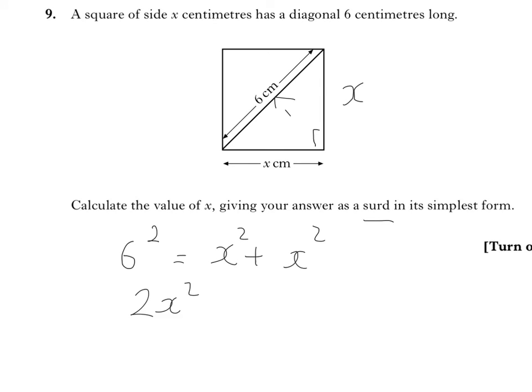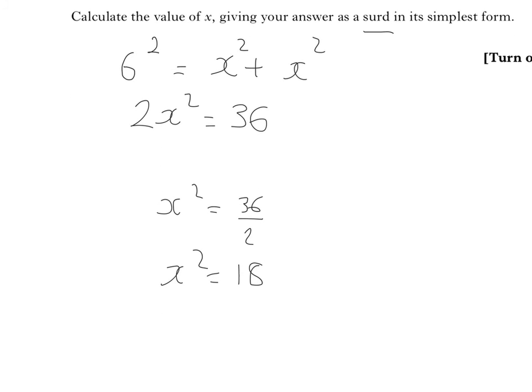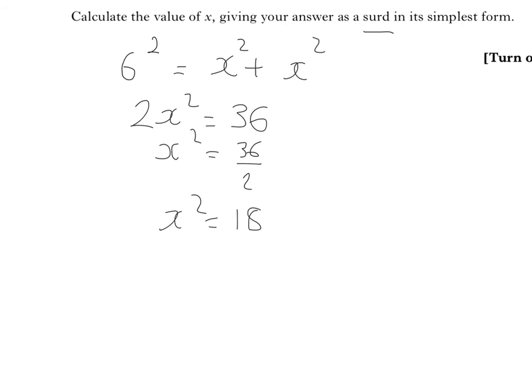It's pretty straightforward to see that I would get 2x squared is equal to 36. x squared is equal to 36 over 2. x squared would be equal to 18. And x will be equal to the square root of 18.